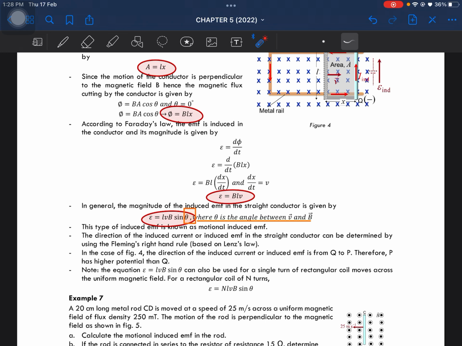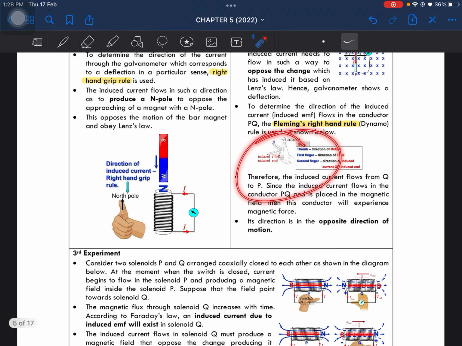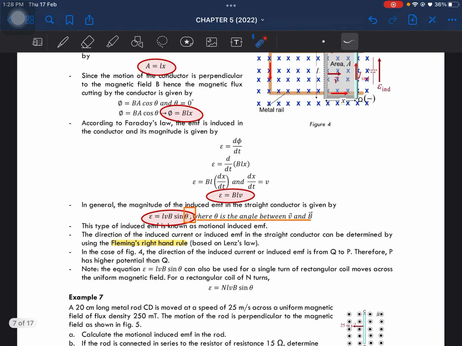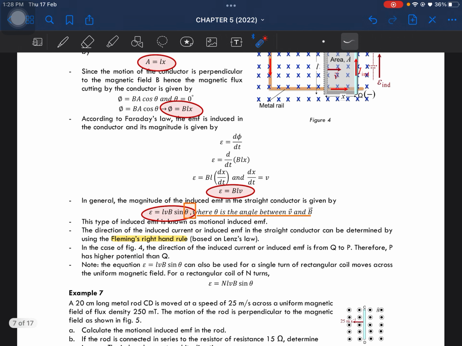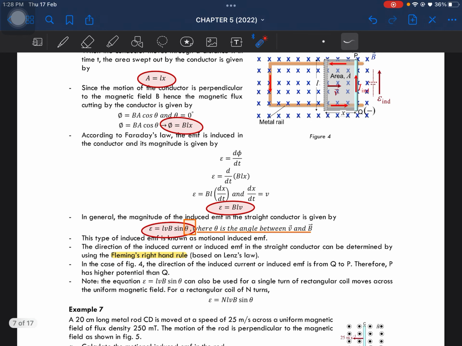Okay, so the direction of the induced current or induced EMF can be determined by using Fleming's right hand rule. Okay, it is based on Lenz's law, which is this one, Fleming's right hand rule. Okay, now in the case of figure 4, the direction of the induced current or induced EMF is from Q to P. You determine that by using Fleming's right hand rule.